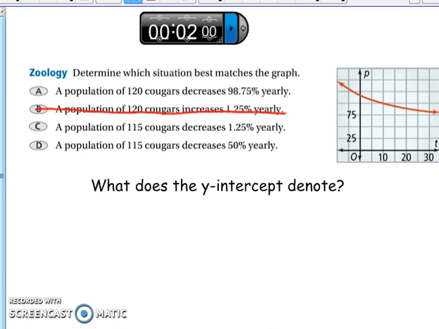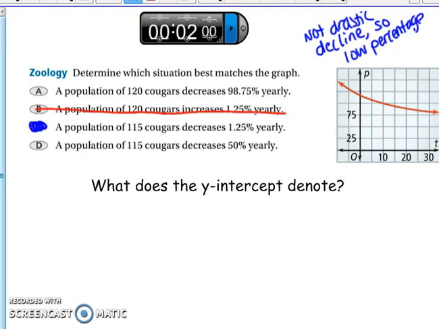So again, if it's a 50% decrease, it's going to be a lot steeper than what the graph shows. So since it's not a drastic decline, that means there's going to be a low percentage. So that makes C our answer.